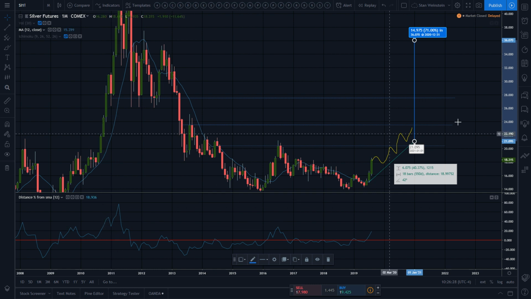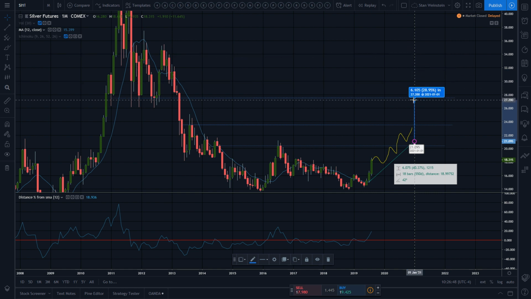The more you're stretched away, the more the angle of ascent is going to increase. Parabolic mode, if we start getting to these levels right here. So that is to make sure your expectations don't break your emotions along the way. That is much less probable than just basing it on right here.